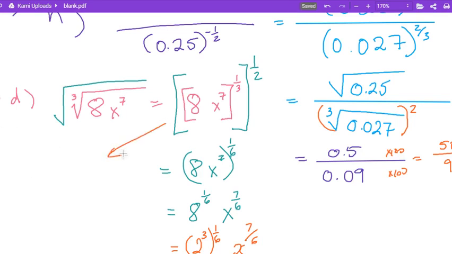The other option is to say, actually, I'm going to just do the inside bracket first. So I've got the cubed root of 8, which would be 2, and then x to the power of 7 over 3, all to the power of 1/2.